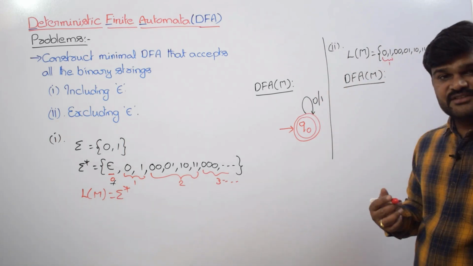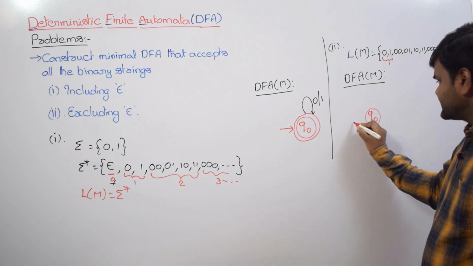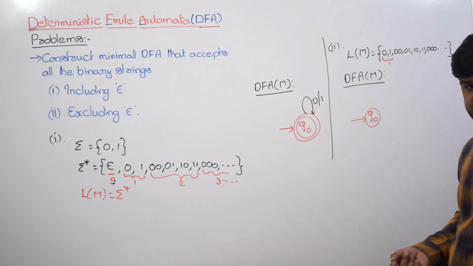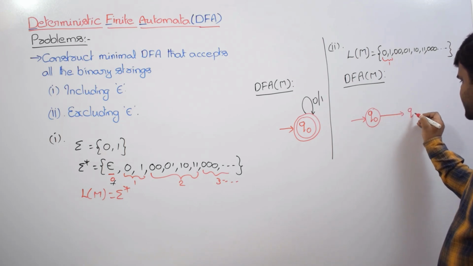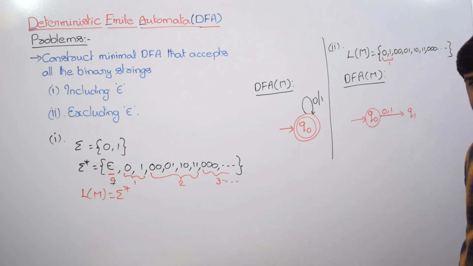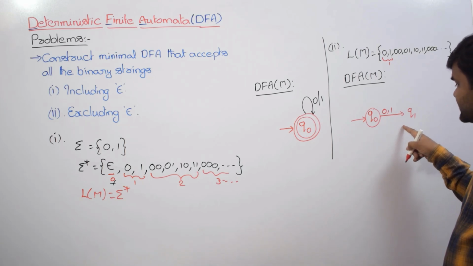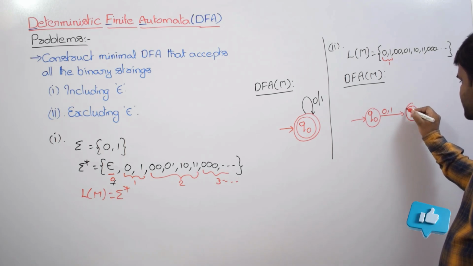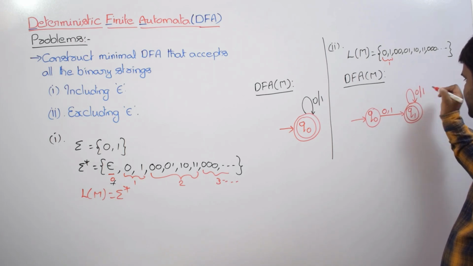That means how many states must we have? Here q0 is the initial state, and at least one symbol must be accepted first, so from here we go to the next state q1 on 0 or 1. After accepting at least one symbol, we can accept any number of symbols. So q1 becomes the final state, with self loop on 0 or 1.